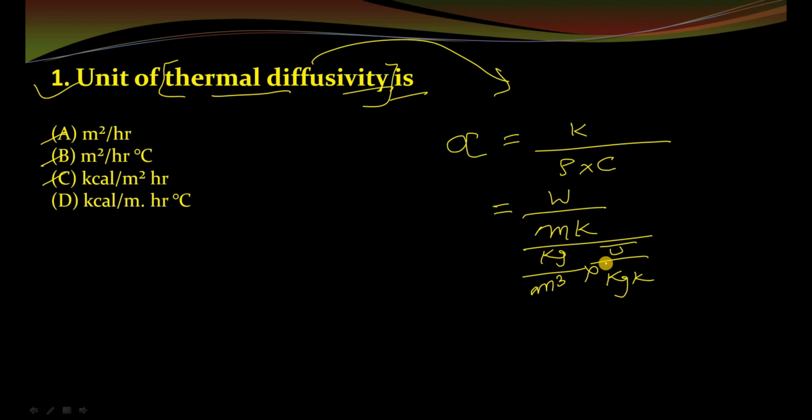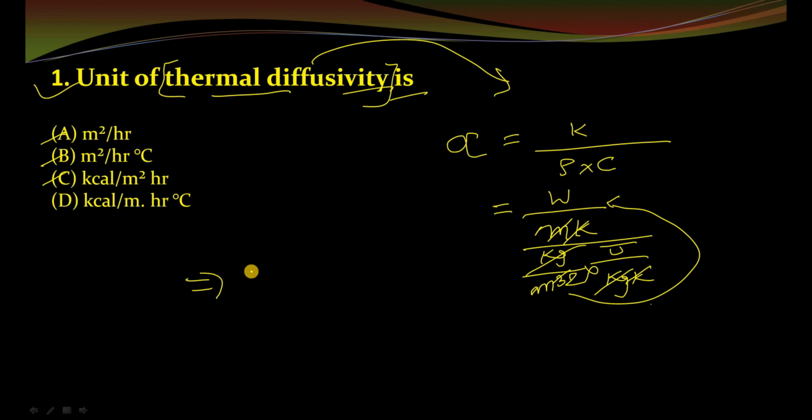Now we can simply see that kilogram and kilogram will cancel out, Kelvin and Kelvin will also cancel out. Now here is meter and this is cubic meter. When it goes up, it will cancel out and become meter square.